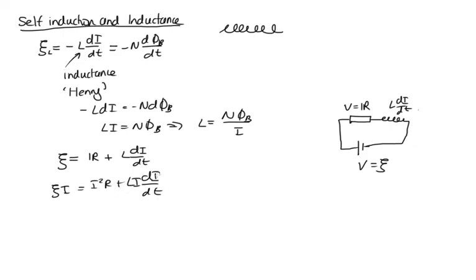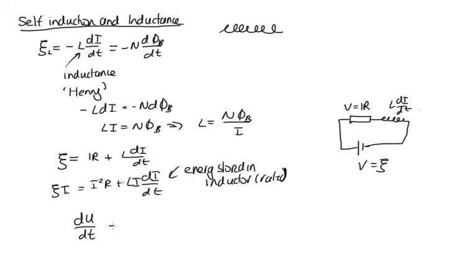So this is the rate at which energy is stored inside the inductor. So we can write dU dt. This part is the energy stored in the inductor, and it's the rate.